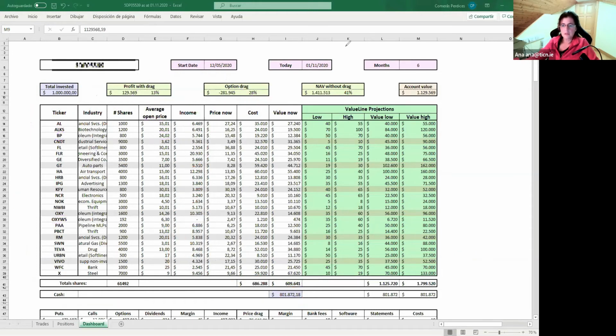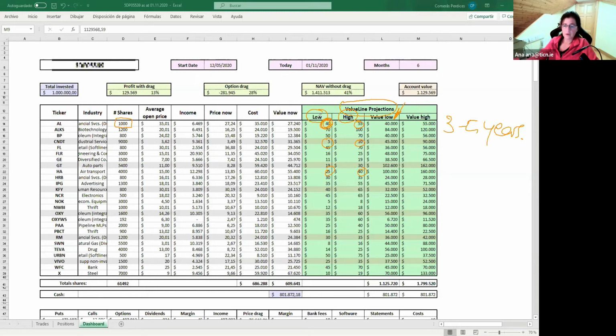Now, let me delete this, and now it's clear. Here we have the value line projections. Value line, as you know, gives us estimations for a low and a high in the next 3 to 5 years. The lows and the highs are here. And then the value low could be the number of shares that we have now times the low value.